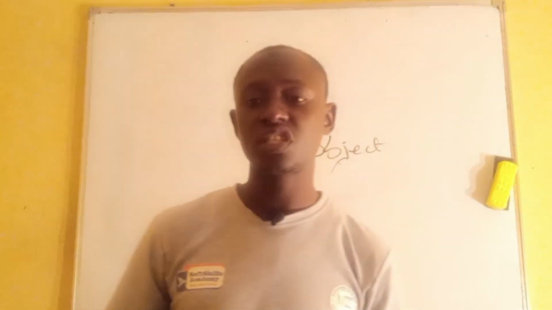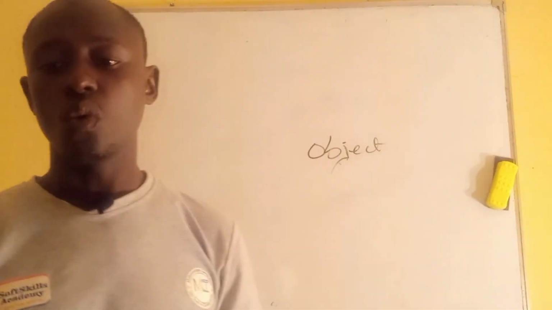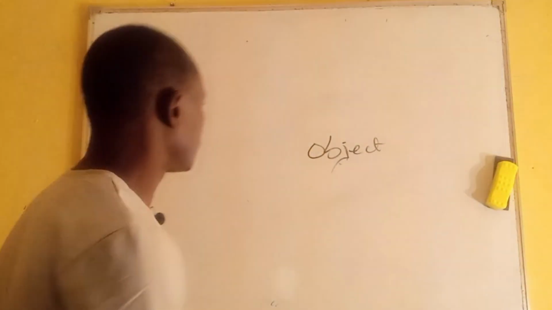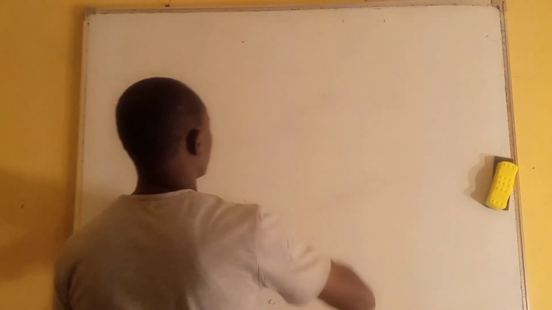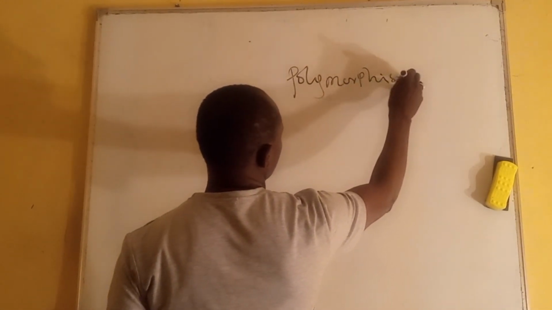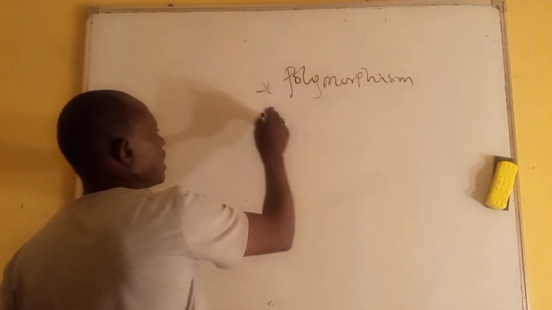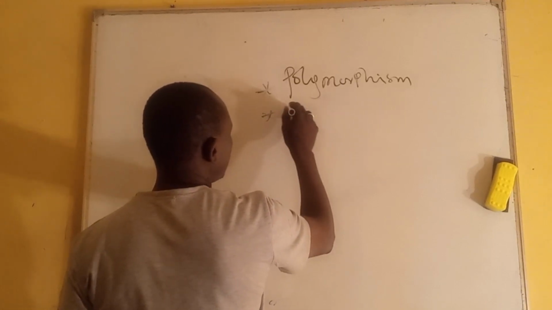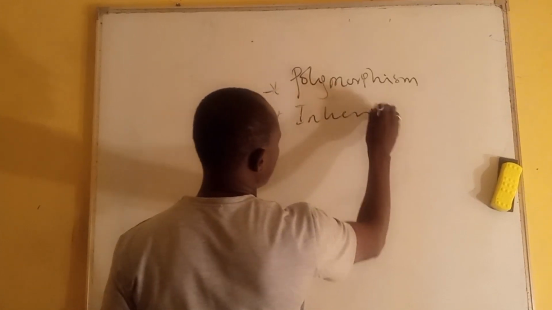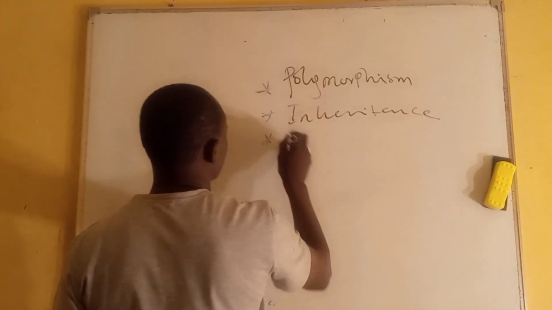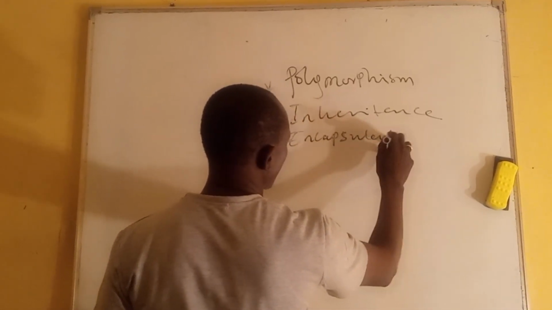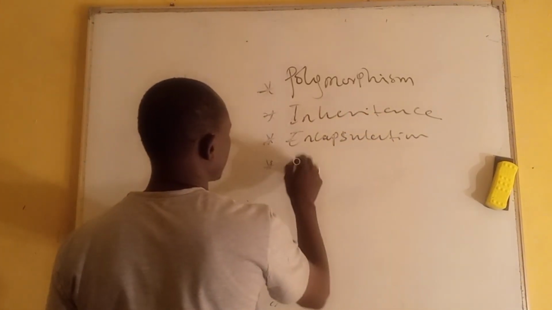Now we also have what we call principles relating to object-oriented programming. We have polymorphism, we have inheritance, we have encapsulation, and we have abstraction.